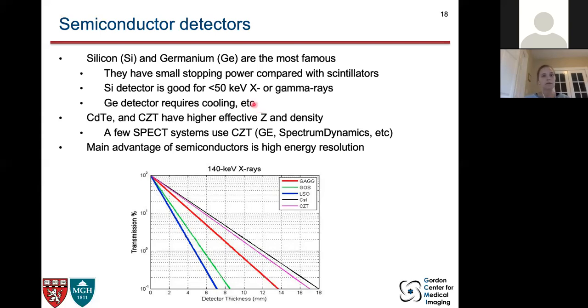That is a problem in these detectors. But a few SPECT systems use CZT. So there are systems that use semiconductor detectors, but not for PET because they have much higher gamma energies that you want to measure. But the main advantage of semiconductors is high energy resolution if you compare them to scintillators.